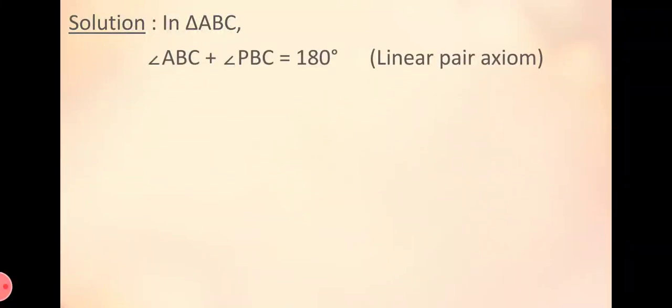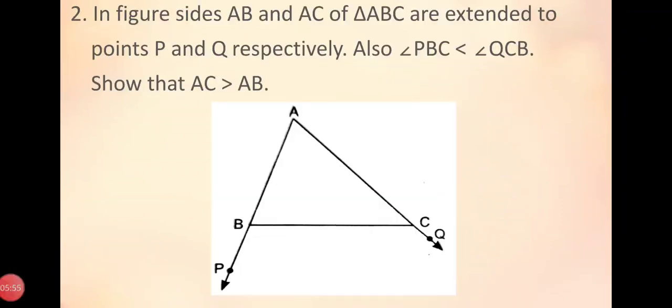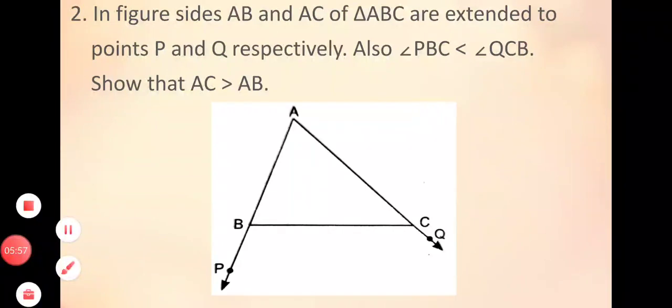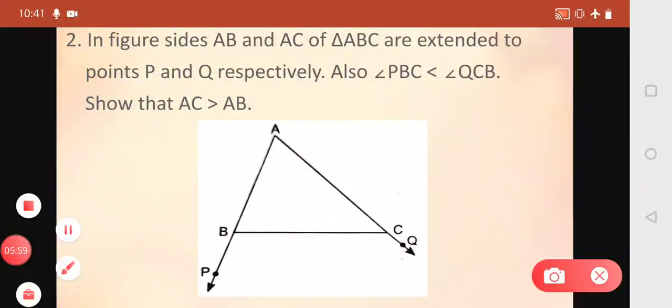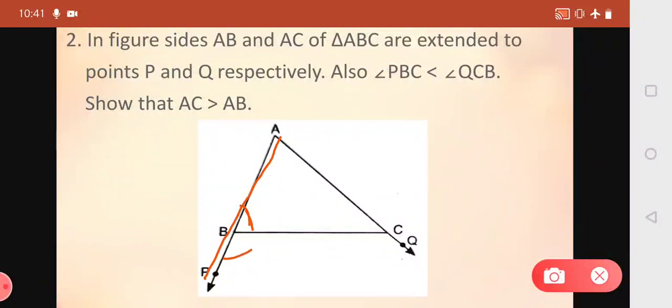For solution, as we don't have to prove it, we write it in triangle ABC. Angle ABC plus angle PBC equal to 180 degree, that is linear pair axiom. We can see in the figure that angle ABC, this angle, this is a straight line formed, so angle ABC, this is our angle ABC plus angle PBC.